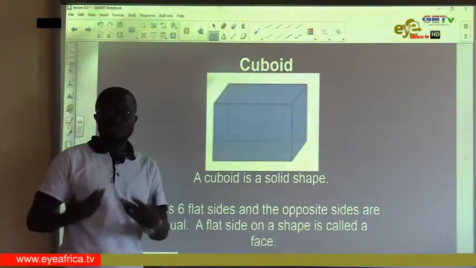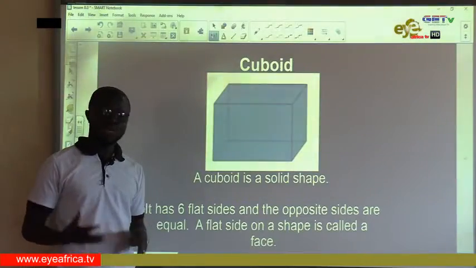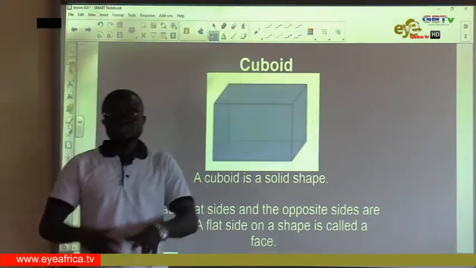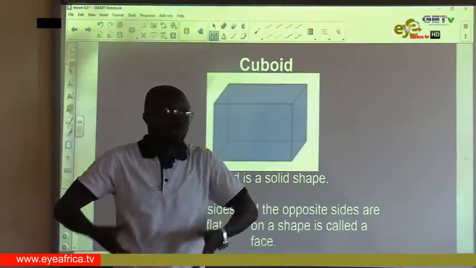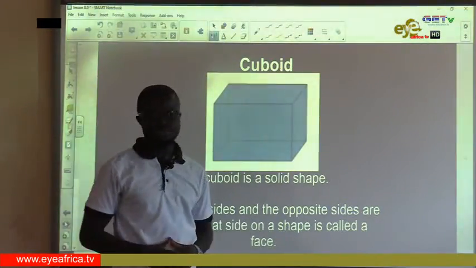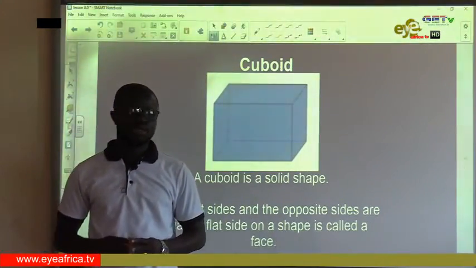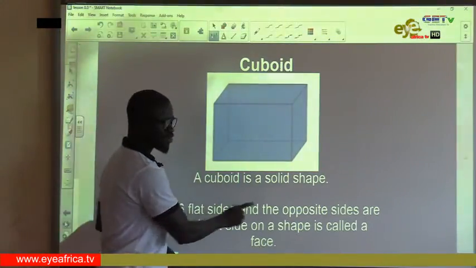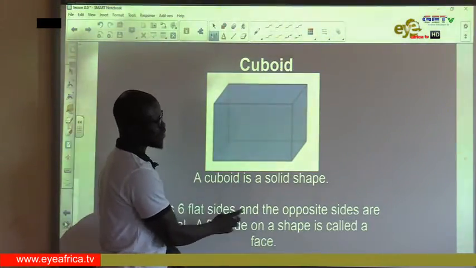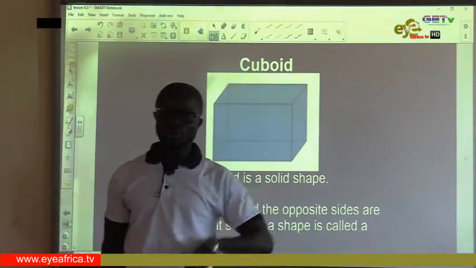Now, I told you something about the flat side. What is this flat side? These flat sides are the faces that are put together to build up the object that we call the cuboid. So, can we look at the object and find out whether all that we say about the cuboid is true or false?